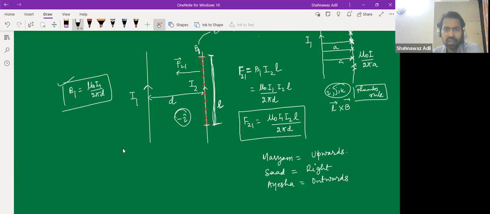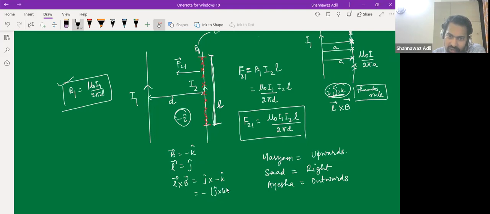Yes, sir. Okay, so Saad, Aisha, understood. Now let us check with the IJK method whether we are correct or not. The magnetic field is minus K, and L is J. So L cross B is J cross minus K, so minus of J cross K. What is J cross K?